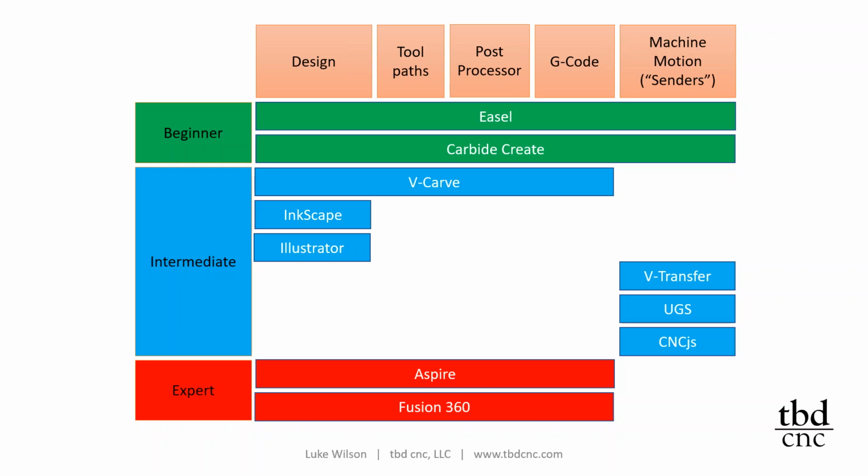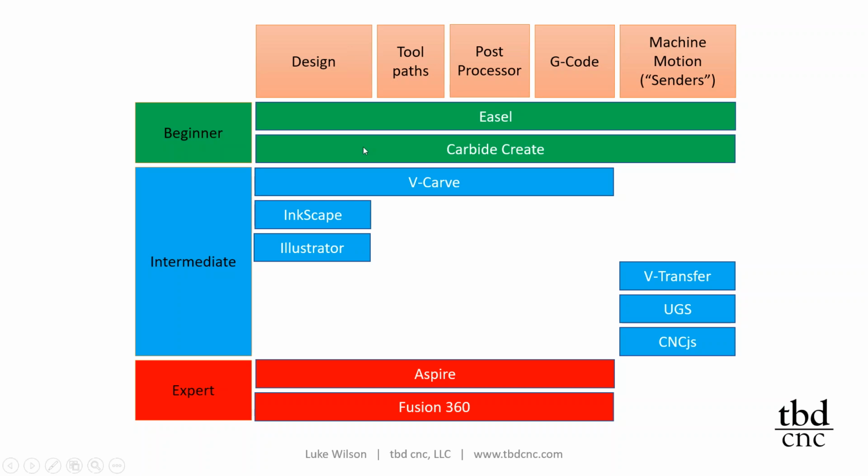That's where V-Carve, Inkscape, which is a great free vector graphic software, Illustrator, things like that come into play. You can also do your tool pathing in V-Carve. Post-processing and G-code generation can all be done in V-Carve.